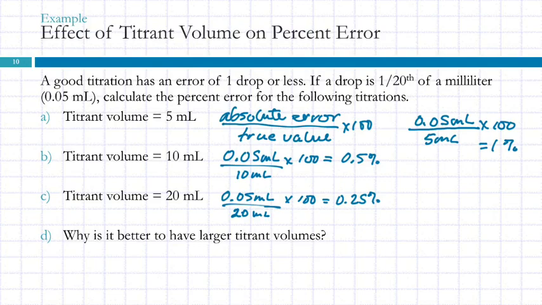Now, one of the things that bothered me about some of our labs and the way they were written, they've actually been edited now, and you guys aren't benefiting from that, but people after you are. They've been edited to use larger titrant volumes, because really, is saving a few milliliters of sodium hydroxide worth it?